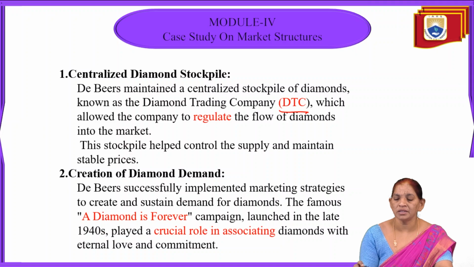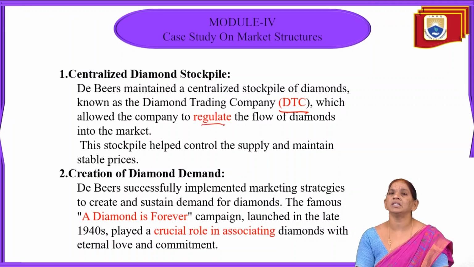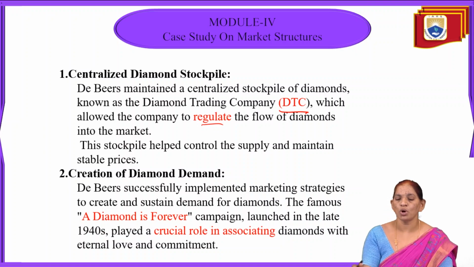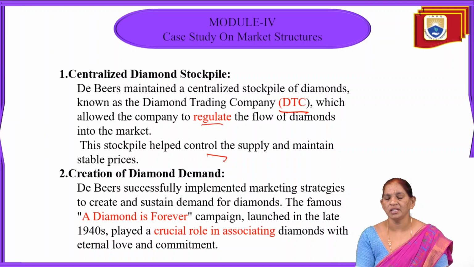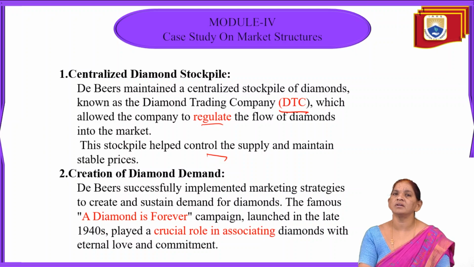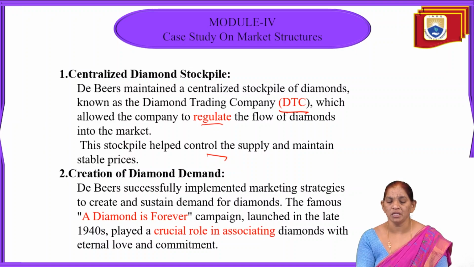This trading company regulated the amount and quality of the diamonds flowing into the market. So these stockpiles helped to control the supply and maintain stable diamond prices.